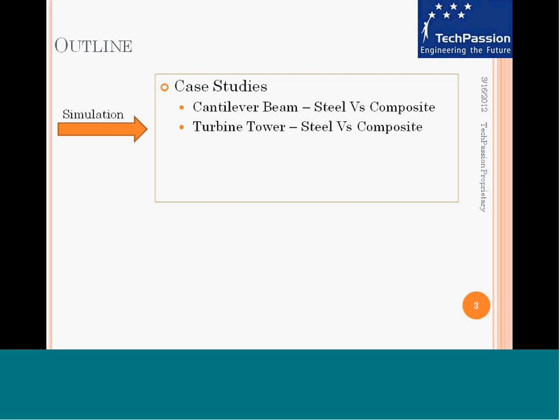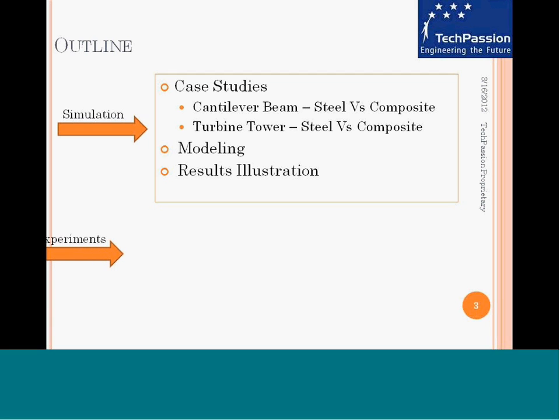And then a turbine tower made of steel is compared with a turbine tower made of composite. These case studies are illustrated through modeling using finite element method. We do static analysis, we also do modal analysis, and we look at an illustration of the key results of the simulation.